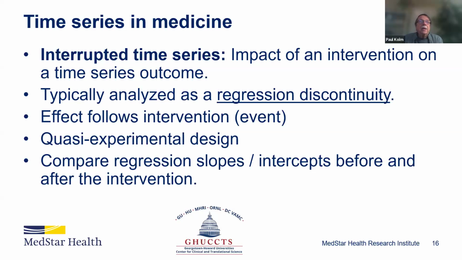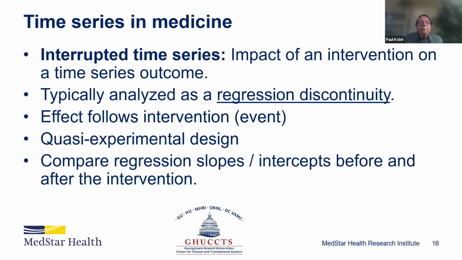Now, this can be analyzed as a time series, but more typically, it's analyzed as a regression. What I mean by this is that we use ordinary regression to model the time series before the intervention, and then we use regression to model the series after the intervention.